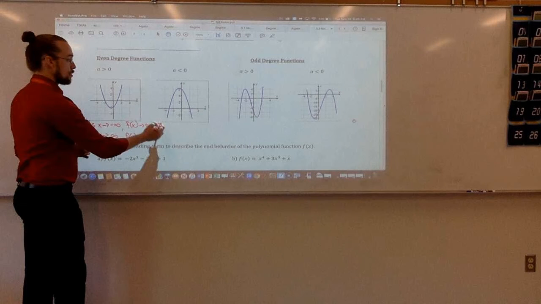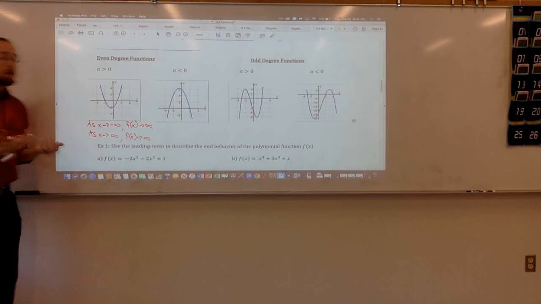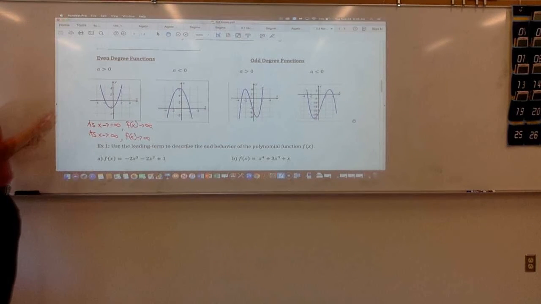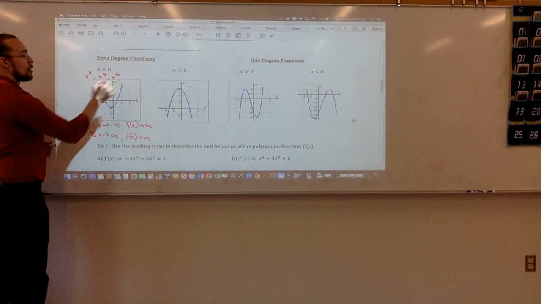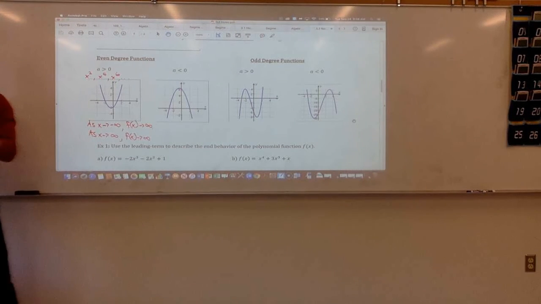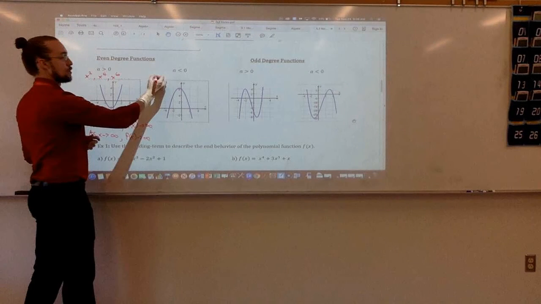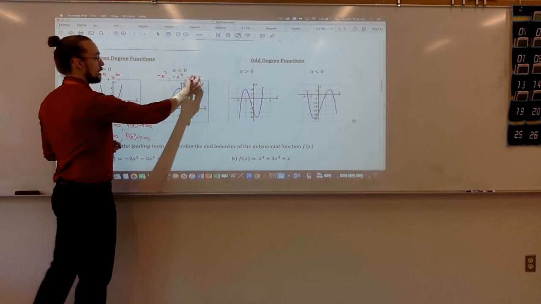So for the second one, okay, for an even degree where our leading term is negative. Okay, so here, I'll rewrite these. We said, x squared, x to the fourth, x to the sixth, so on. Here, we're just saying, well, I'm going to take even powers and make the leading coefficient negative. So like negative x squared, negative x to the sixth.